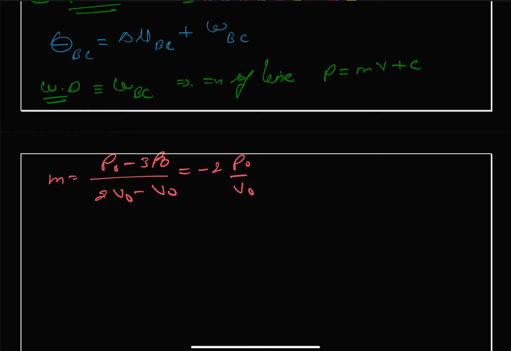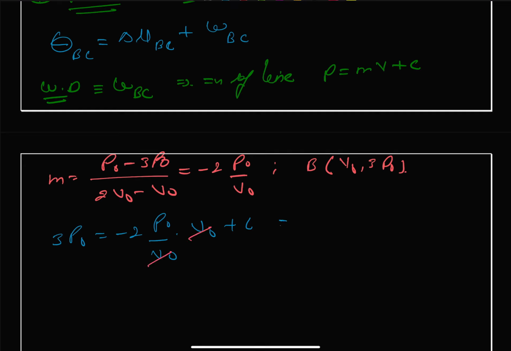And if we use point B, so we are going to use our point B, whose coordinate is V naught, thrice P naught. Therefore, we can write the equation that will be coming as thrice P naught is equal to minus of twice P naught by V naught times V naught plus C. And here V naught and V naught cancel out.